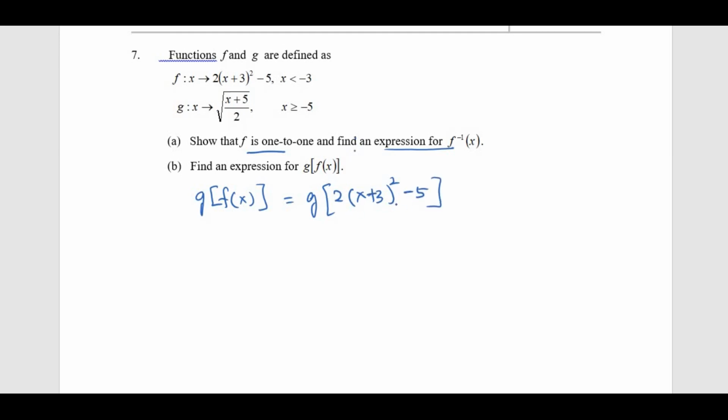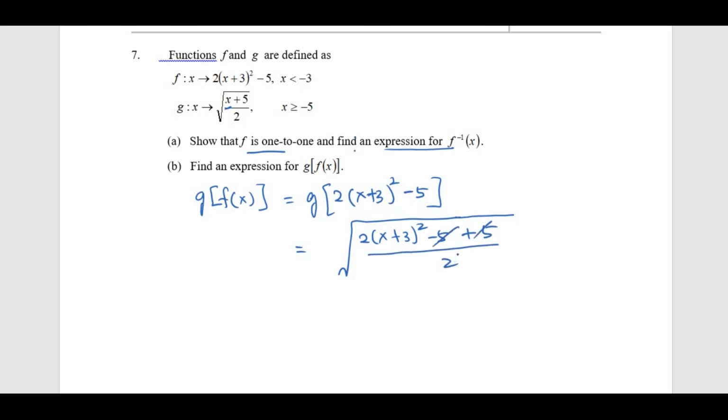So this is the f of x. So you have to substitute this into g. So you can write it as the square root of, 2(x plus 3) squared minus 5, this is the x, substitute x, and then plus 5, and then all divided by 2.